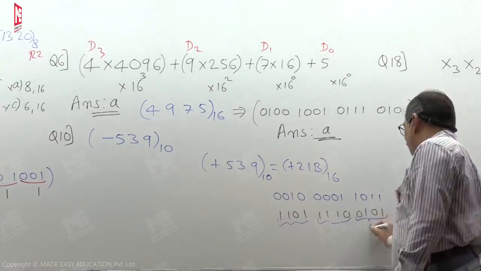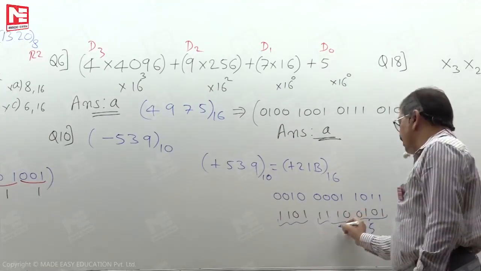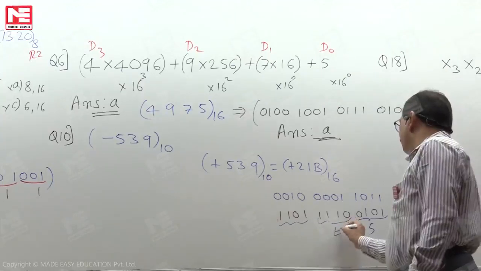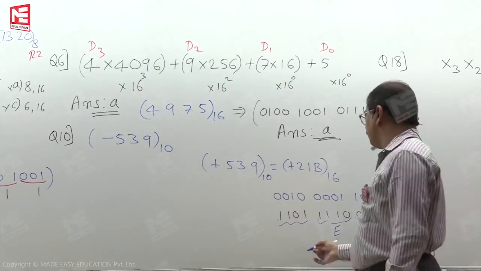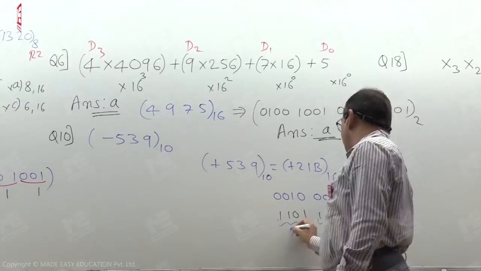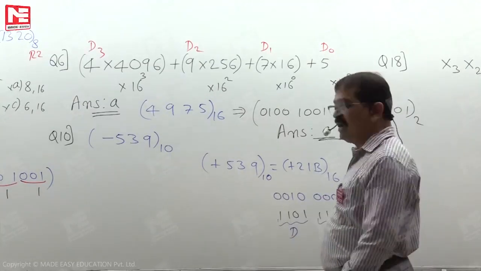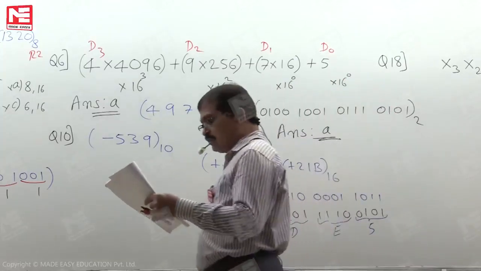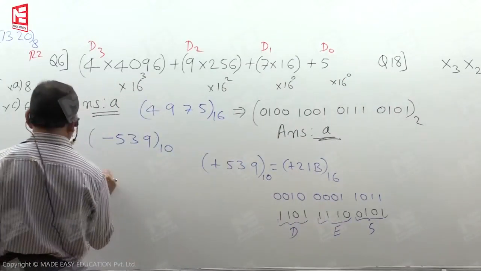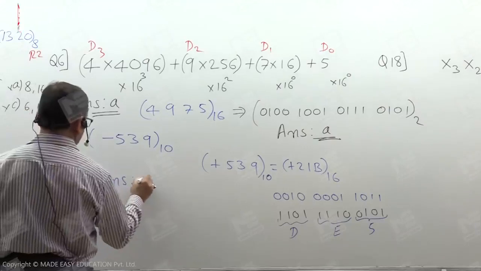This is 5, this will be E, and this will be D. So from the given options we check, the matching answer for this will be option C. The answer to this question is option C.